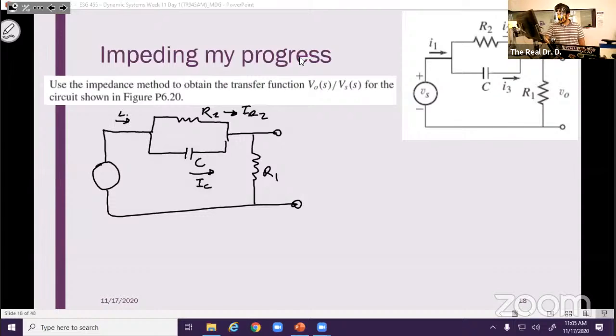We've got I1 coming in. I'm just going to mark these as A and B; we're not going to need them though. And this was E sub S, and this was E out between here and here.